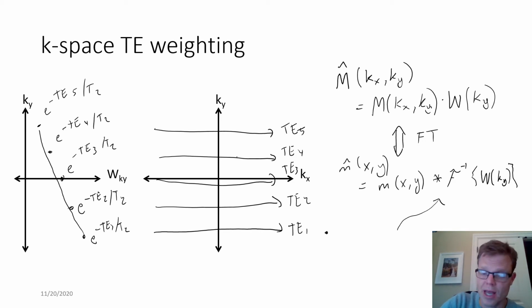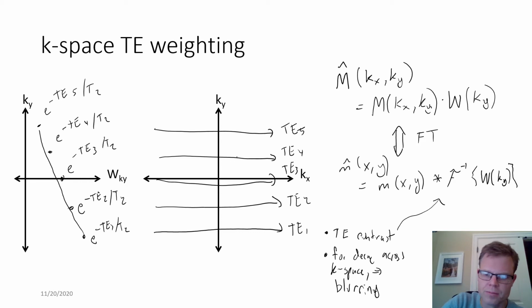It is actually going to capture our TE contrast, but a convolution also typically leads to some sort of blurring or spreading out of the signal, and in the case of this kind of decay across k-space, we will in fact get some sort of blurring of our image in the y direction.